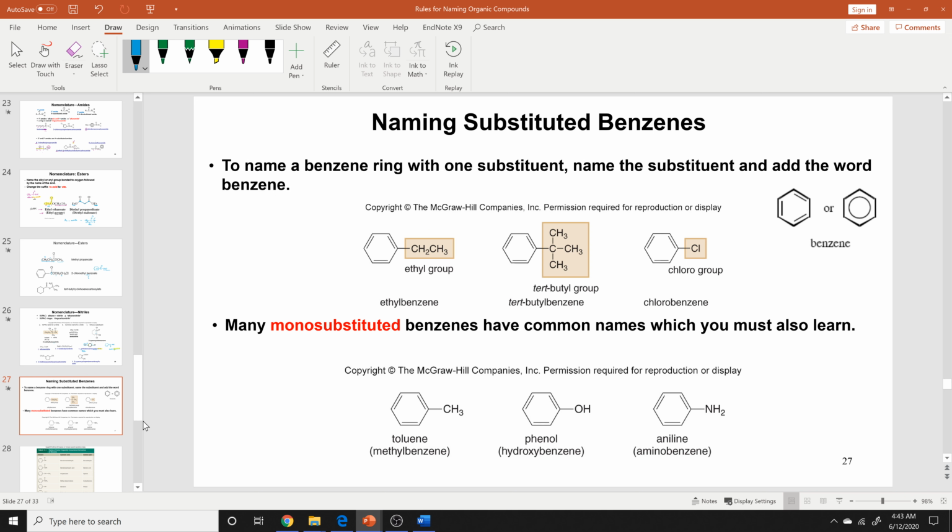For example, if you have a benzene that is connected to a CH3, instead of naming it as methylbenzene, you just name it as toluene. This one, instead of naming it as hydroxybenzene, is phenol. So there are some monosubstituted benzenes that have common names. And these are the common names.